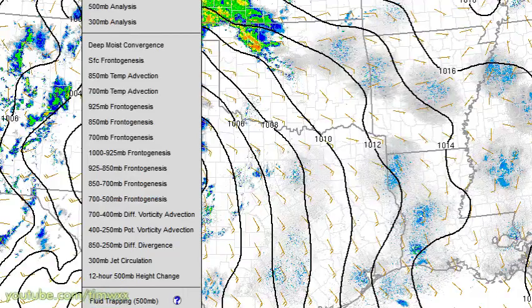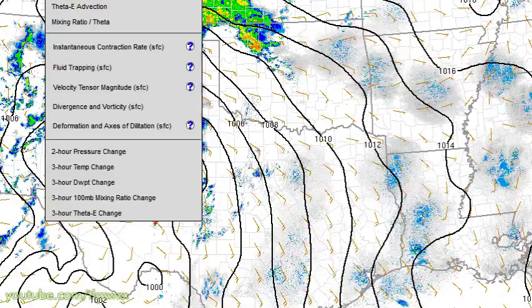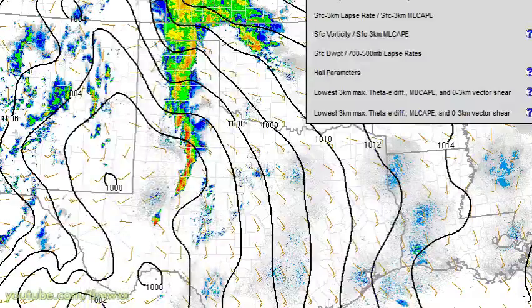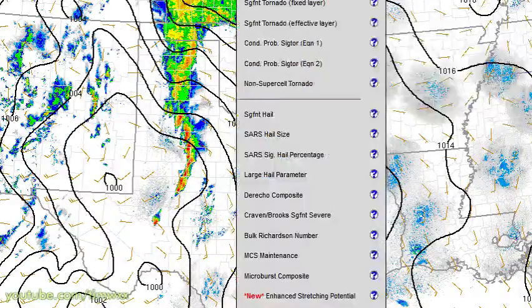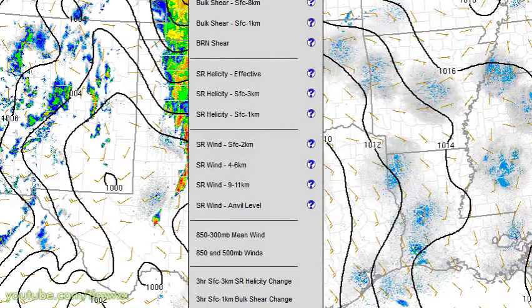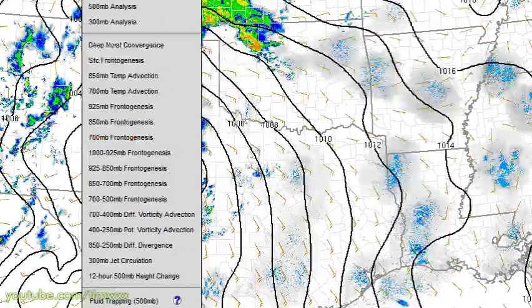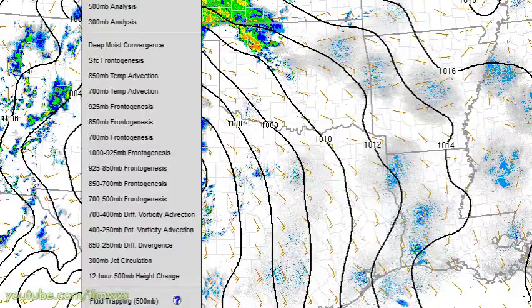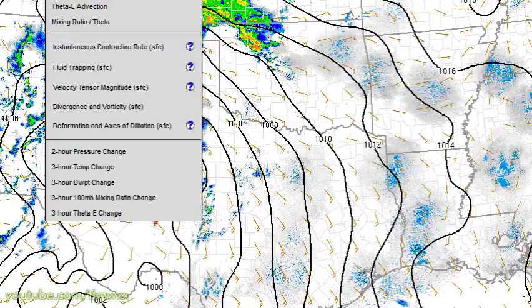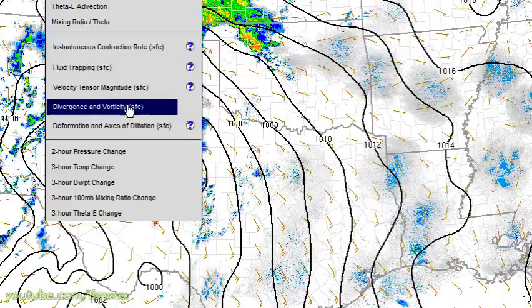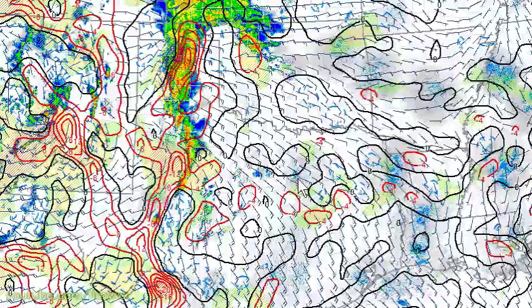I'm sitting here looking for a chart that had pure convergence, and I could swear something got moved around here. Okay, divergence and vorticity. Maybe I just wasn't seeing it. Anyway, there we go.